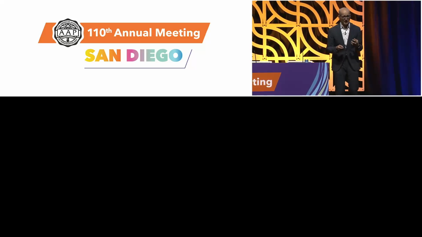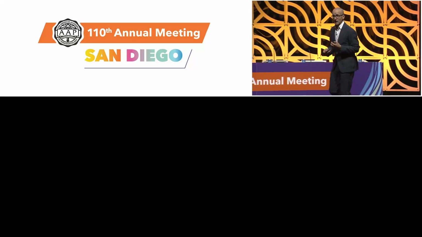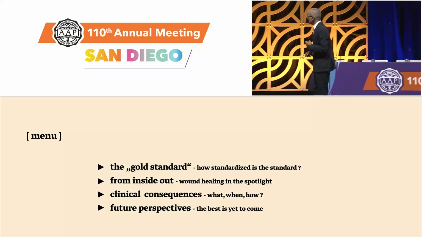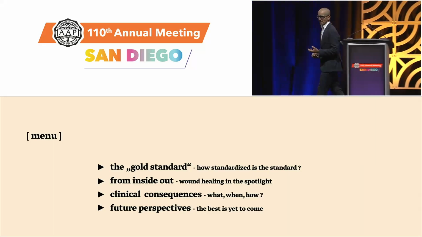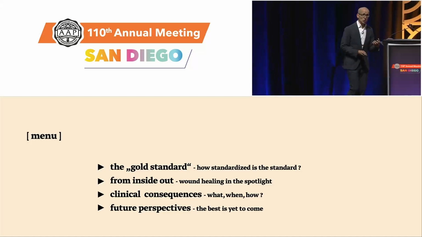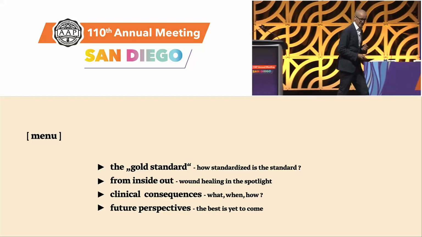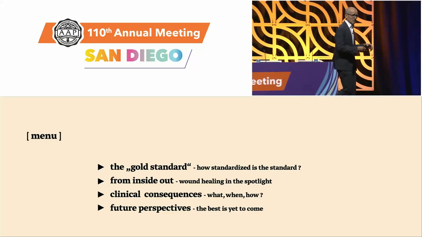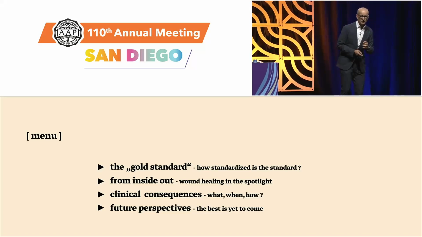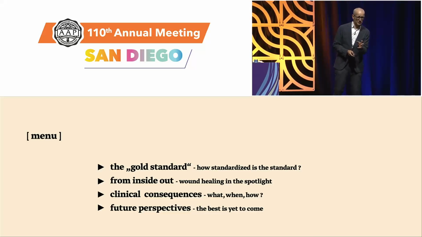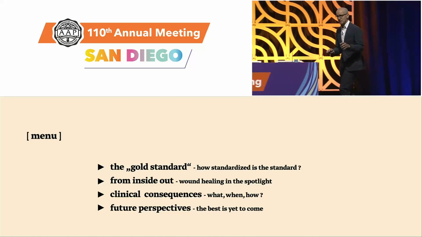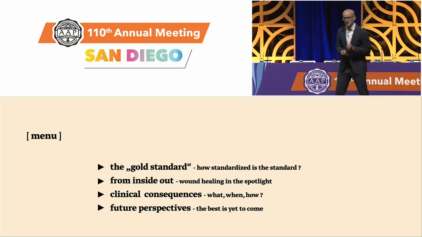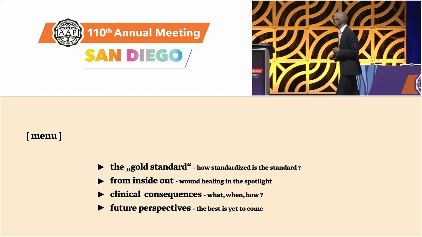And this is exactly the idea of my talk today. First of all, I would like to share with you the gold standard and recall if this is really a gold standard. We will then focus on some wound healing challenges when it comes to soft tissue autografts and discuss if there are any benefits or shortfalls depending on where and how we harvest such connective tissue grafts at the human hard palate.